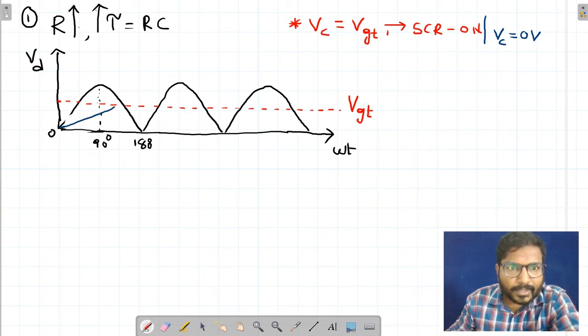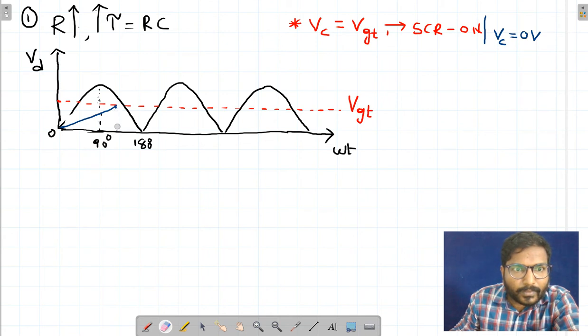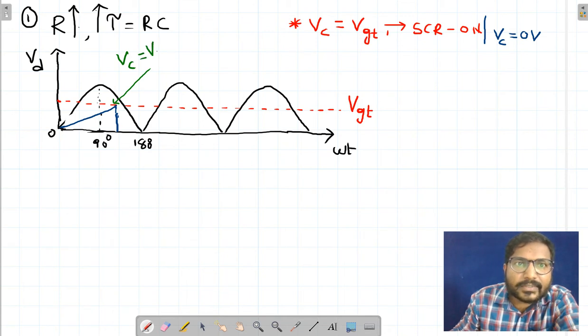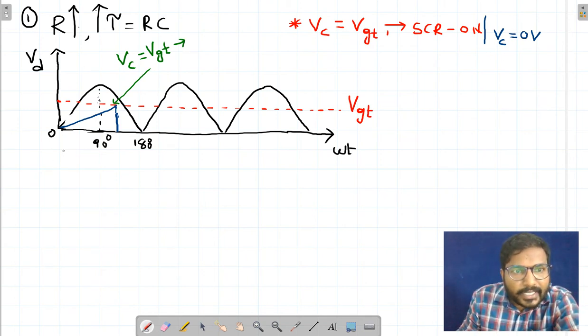It takes time. At this point, what happened? Concentrate on this point: Vc is matching with VGT, which means the SCR simply turned on.